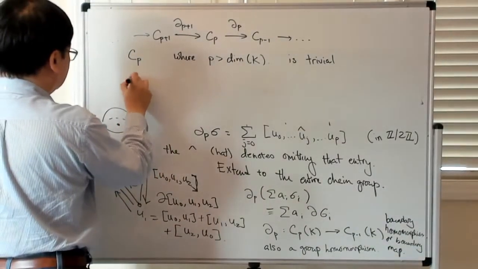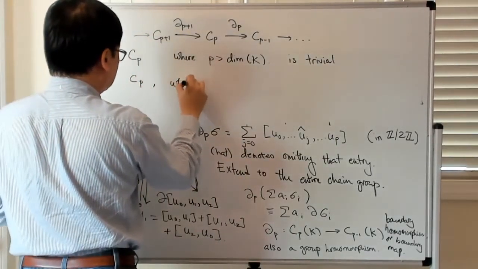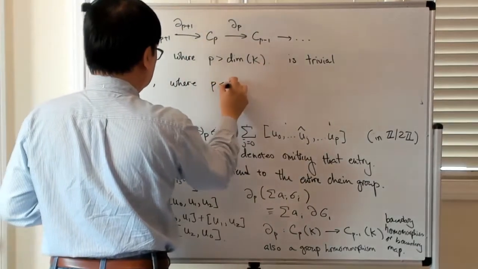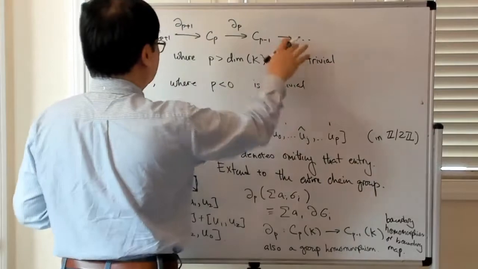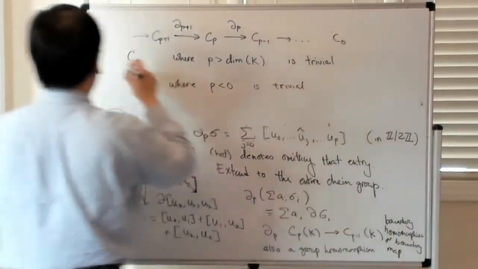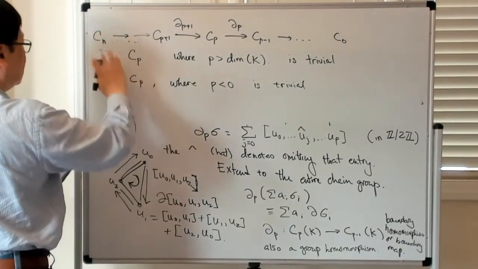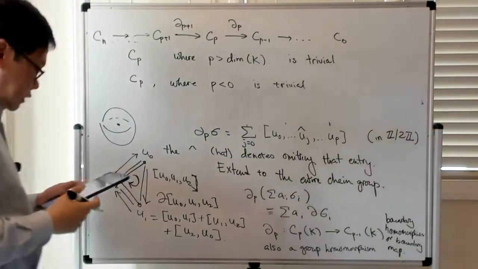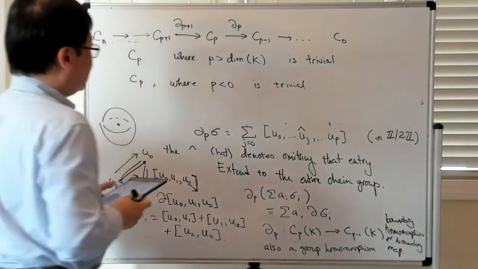And C_p where p is less than 0 is also trivial. So even though we draw this, it just ends at C_0 and then at, let's say, C_n. There's a finite extent to this complex, and this is referred to as the chain complex.